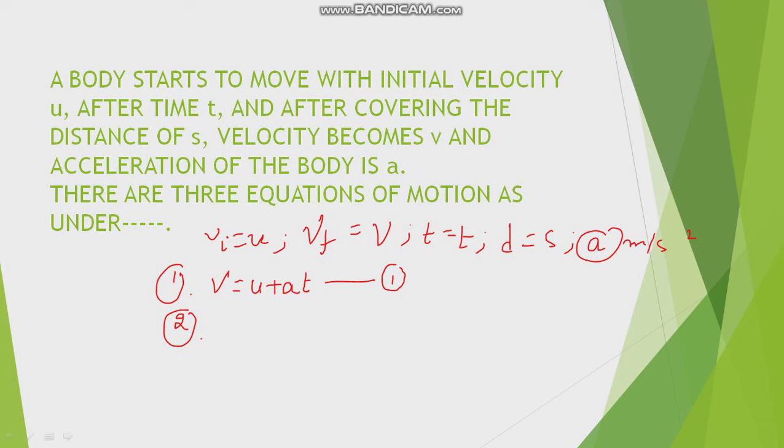It states that v squared equals u squared plus 2as. That is, the square of the final velocity is equal to the square of the initial velocity plus two times the product of acceleration and distance.